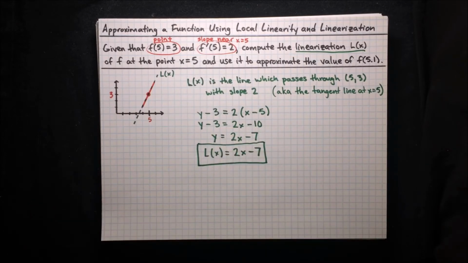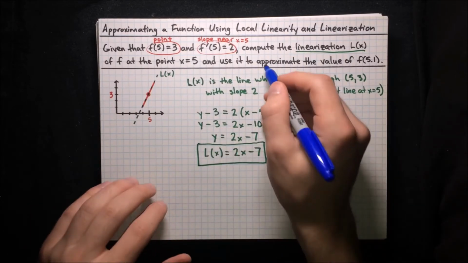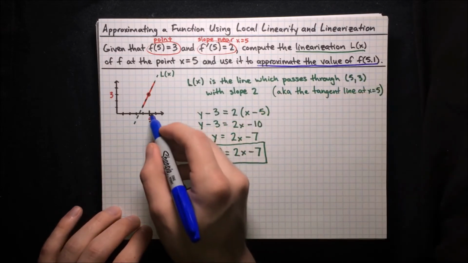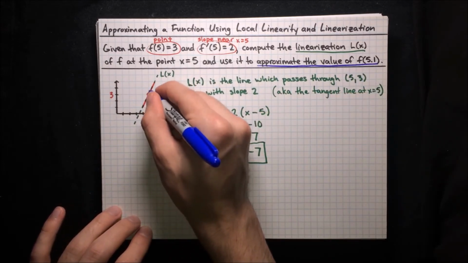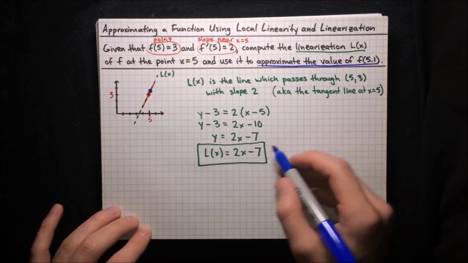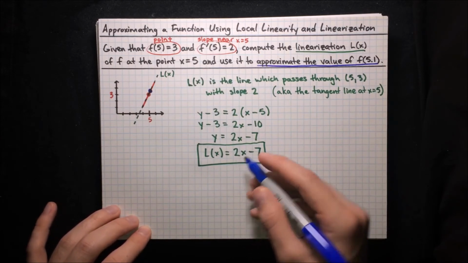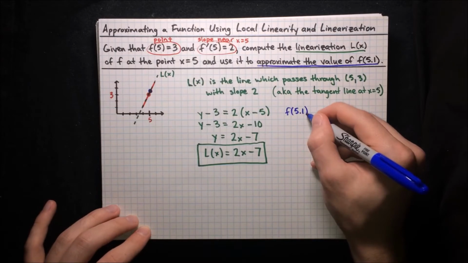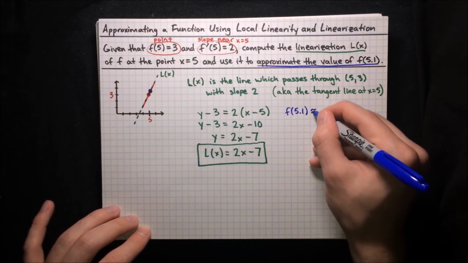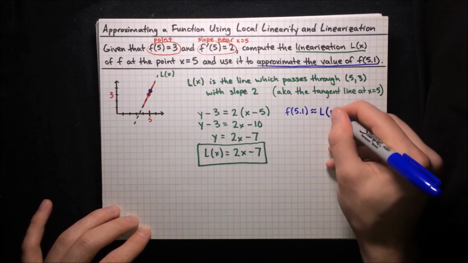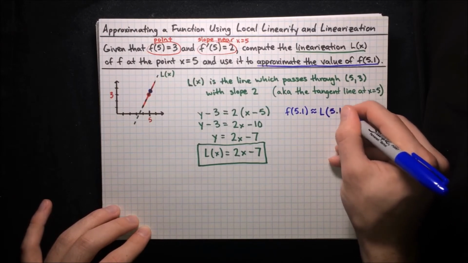Now we want to use this linearization to approximate the value of f of 5.1. f of 5.1 is right a smidge over to the right from our original point. It's somewhere over here. And to approximate this value, we're going to use this linearization. That is, we write that f of 5.1, since the x input is so close to 5, we can approximate this by using the tangent line L of x at the point 5.1.